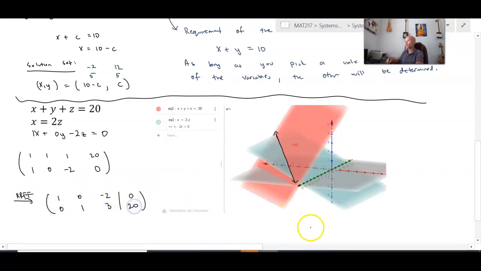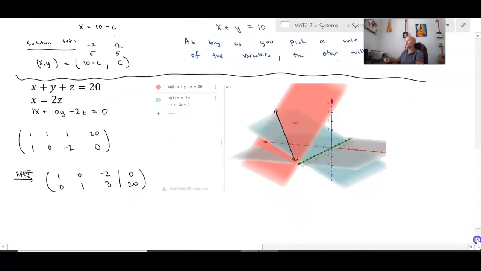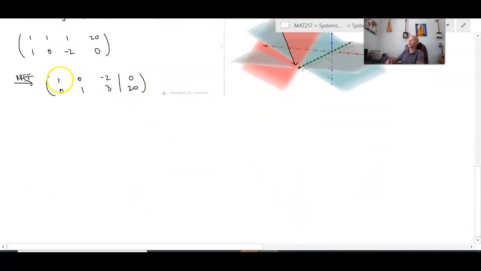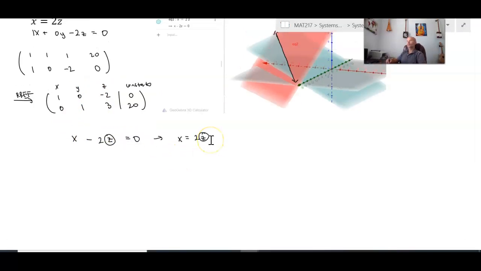Not what we were expecting, but now if we take the time to carefully read back these equations, we have x, y, z, and our constants. And we see that in the first equation, we're saying that x minus 2z has to equal 0, which means that x has to equal 2z. We'll come back to this in a moment, but that's a true statement. And also, we'll write down the second equation, which is y plus 3z equals 20.